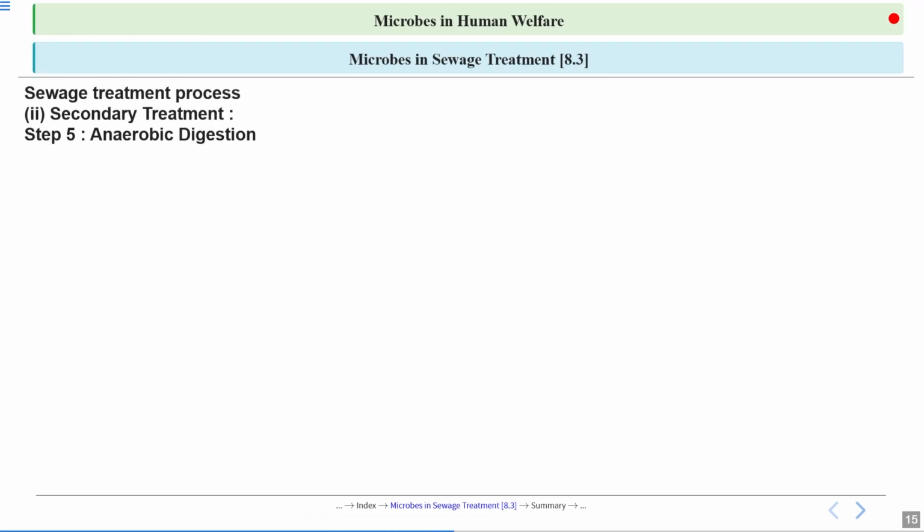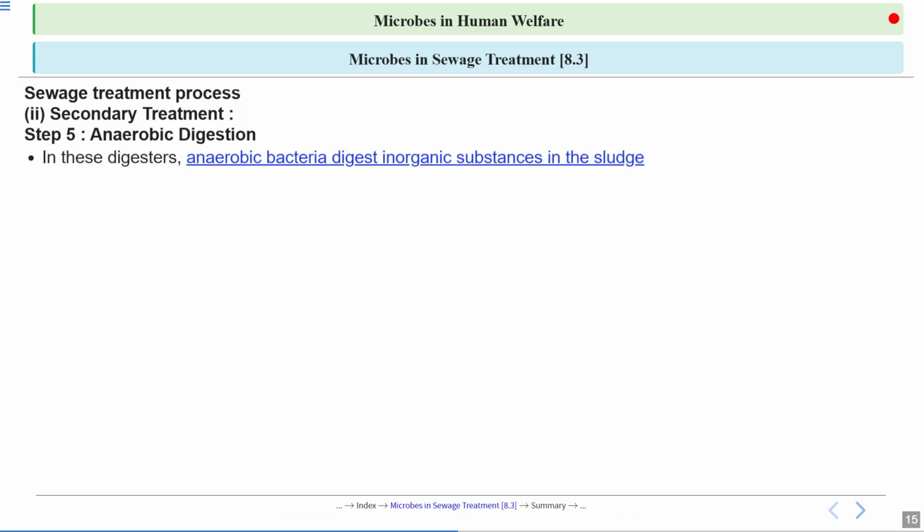Then what happens? Let's talk about anaerobic digestion now. In these anaerobic digesters, anaerobic bacteria will digest the organic substances in the sludge. These anaerobic bacteria do not require oxygen for the breakdown of the organic components. So further breakdown of the organic matter is done by the anaerobic bacteria. As the bacteria consume this sludge, they release gas as a byproduct.